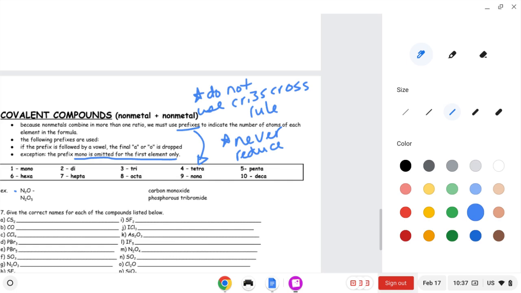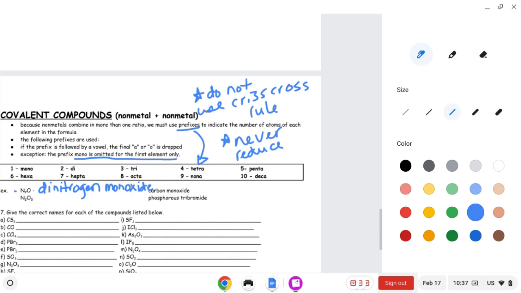I have 2 nitrogens, so I write dinitrogen, and then I have 1 oxygen. So I use IDE on the second element, and I indicate that there's only one of them, so I will say monoxide. Dinitrogen monoxide is the name of that one.